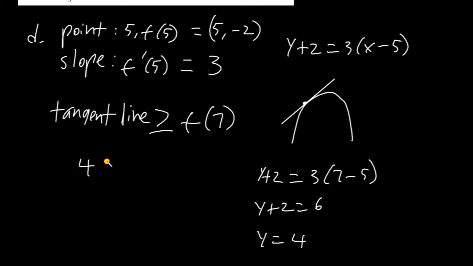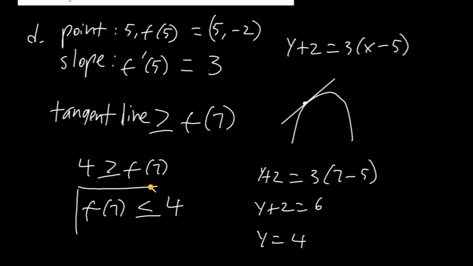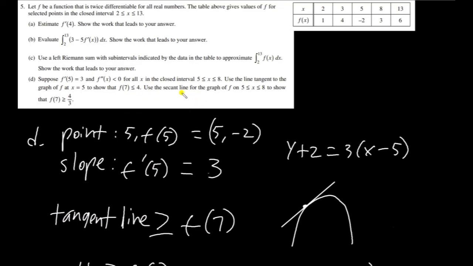So 4 is greater than or equal to f of 7, or if you'd like, f of 7 is less than or equal to 4. Okay? And if you remember from up here, f of 7 is less than or equal to 4 is exactly what they asked us to prove. Okay? Now, if you didn't get the first part, I encourage you to pause the video here and try to get the second part, because it's a very similar idea.